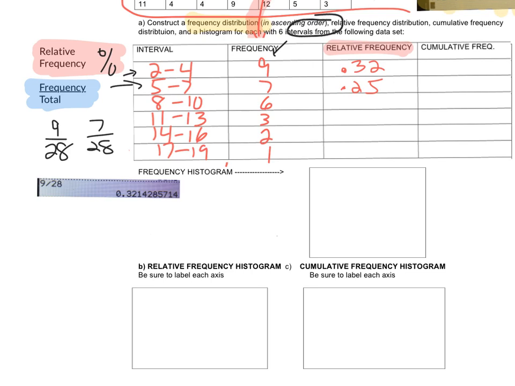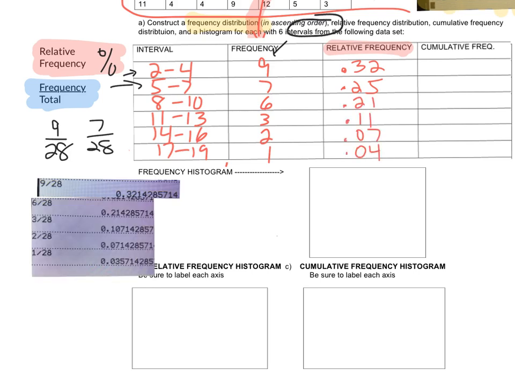So you're going to take all of those frequencies and divide them by the total, in this case 28. And remember, for each, we're always going to go to 2 decimal places. So here's what your relative frequency column should have looked like.